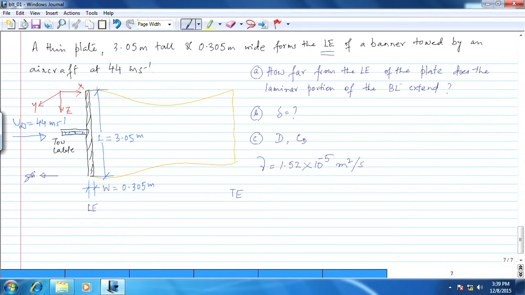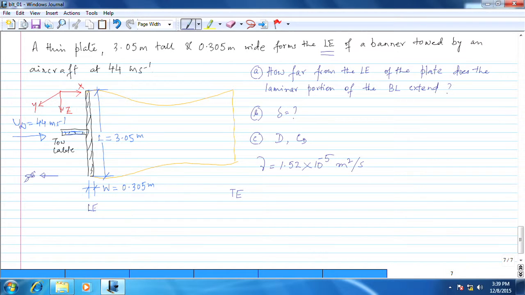So, although this is part of the questionnaire in this problem, that how far from the leading edge of the plate does the laminar portion of the boundary layer extend, that is something that one must cross check or ask every time you do a problem like that.